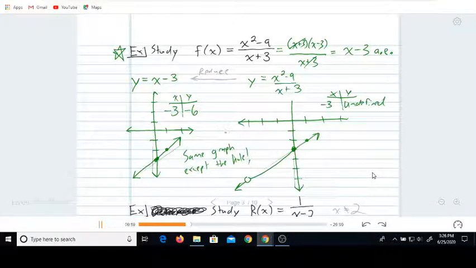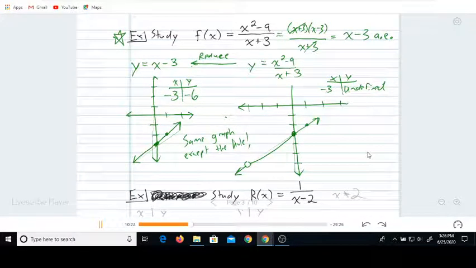And there we have our issue, because we said after reducing, when we reduce, supposedly these two are supposed to be equal. Well, they're technically not equal. They're equal almost everywhere. So that's how you identify a hole. If that division by 0 seems to disappear when reducing, that means you've got a hole at that location.